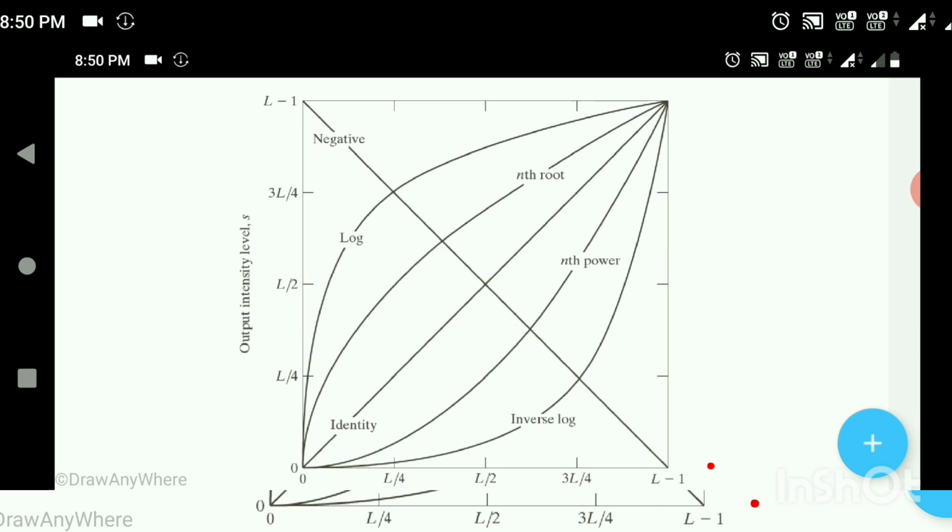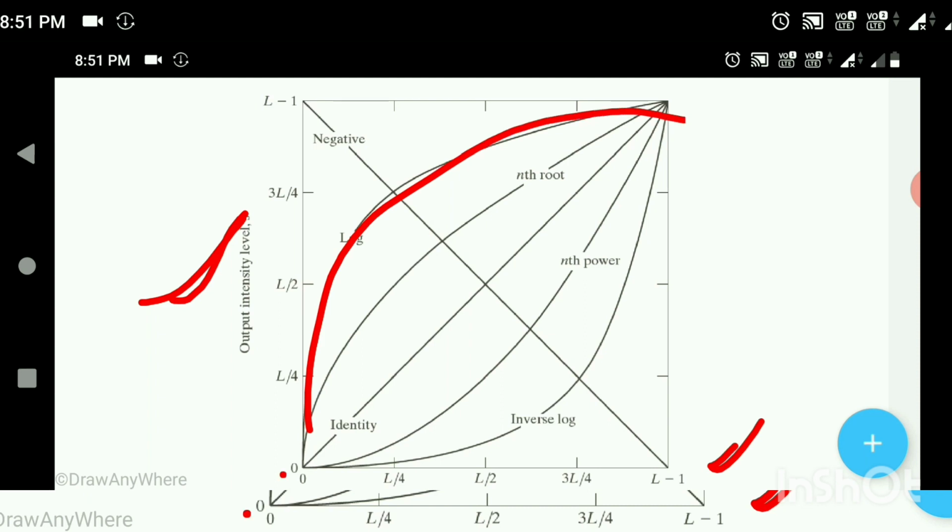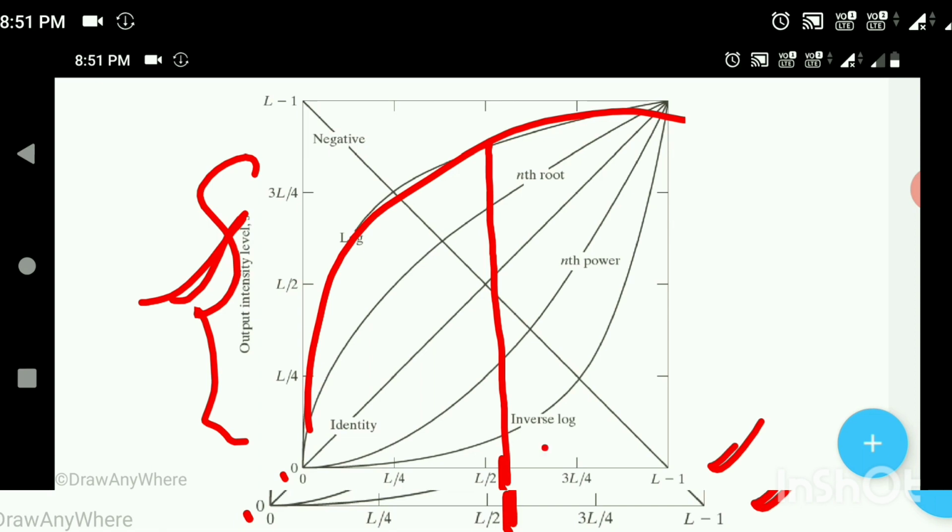Here this is the input and this is the output, R versus S. If you see the graph for log transformation, for the input range 0 to L by 2, the output range is more than 3L by 2. And for the input range from L by 2 to L minus 1, the output range is only this much.